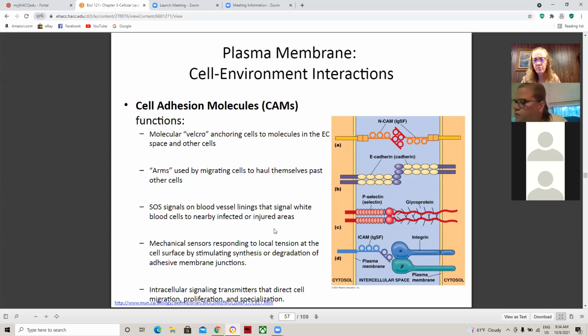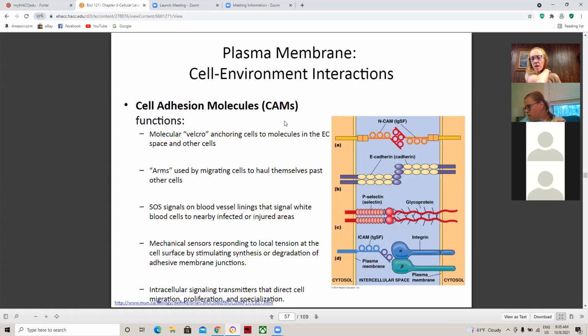Desmosomes are a type of cell adhesion molecule because they work like molecular Velcro, anchoring cells to molecules. CAMs, or cell adhesion molecules, also work like arms.